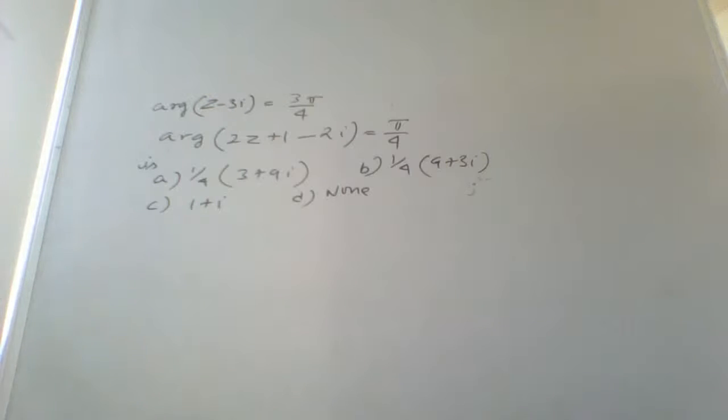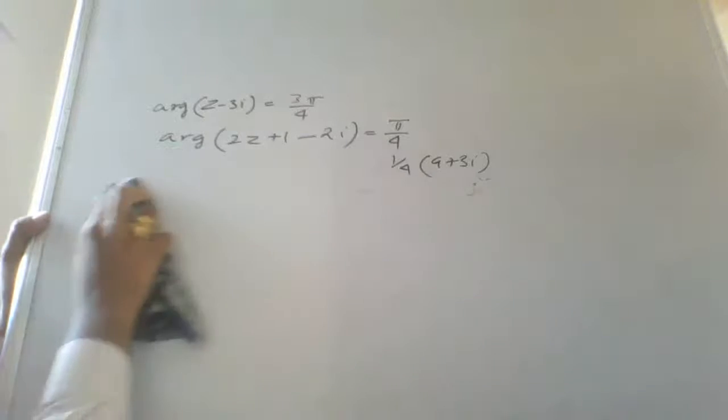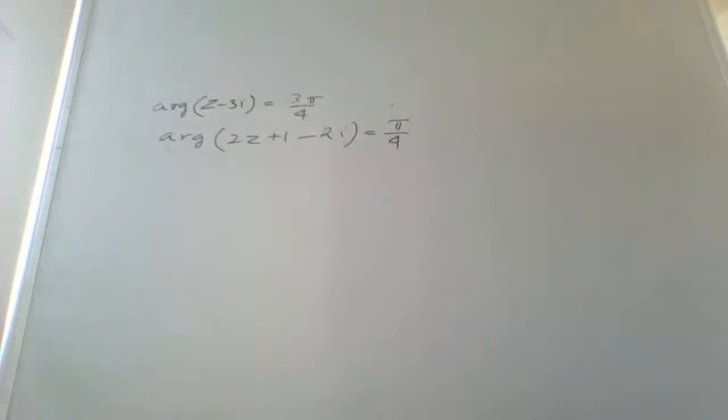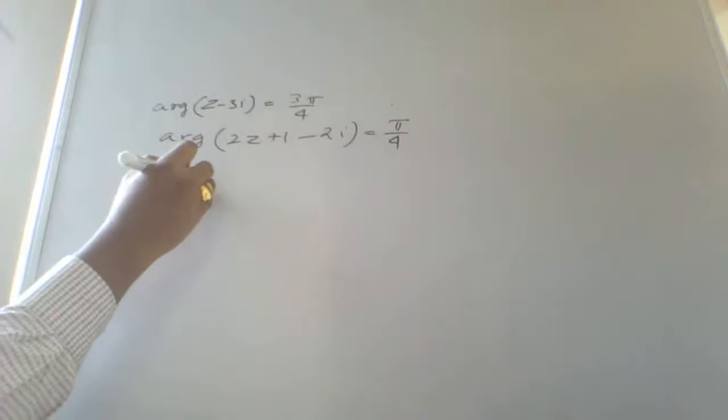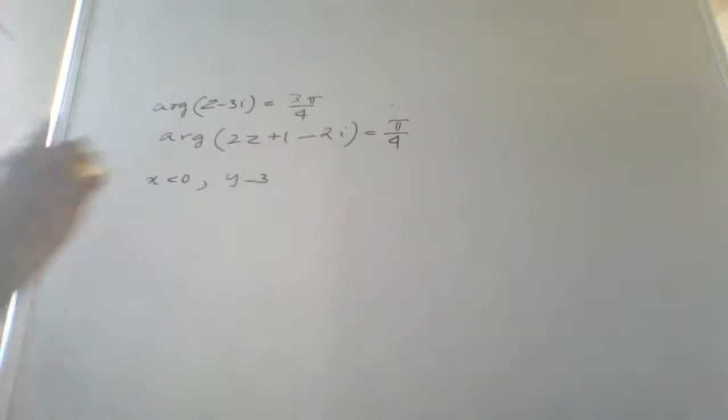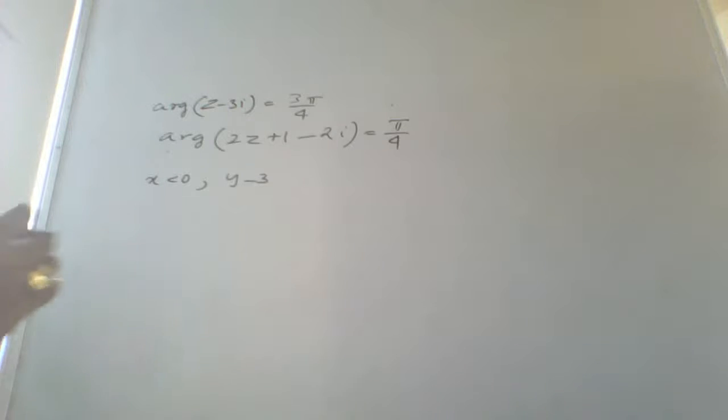Now we have been given the arg of this, so let us consider that here. If you notice, x is less than 0 and y minus 3 is greater than 0.